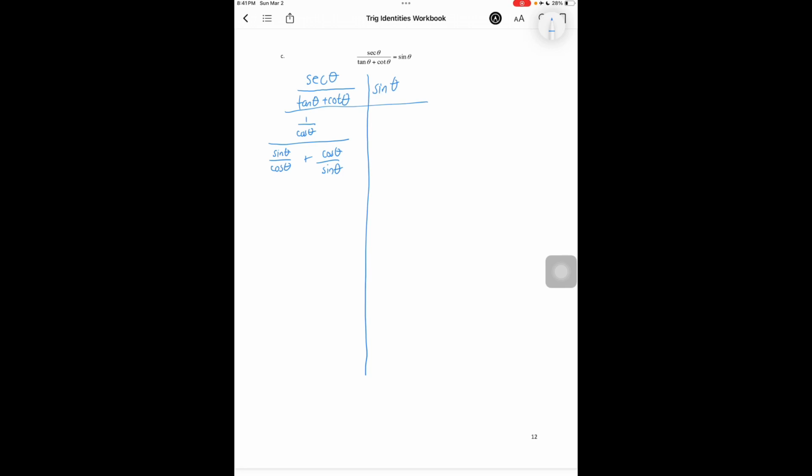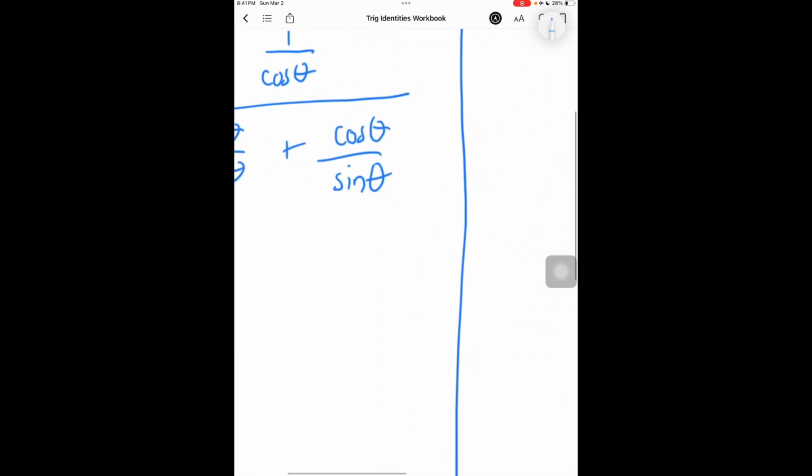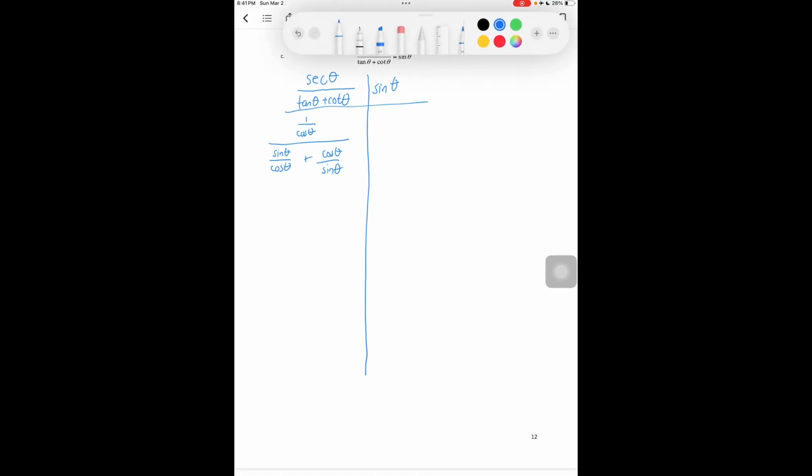And then now we want to combine our denominators together, because here we have cos as our denominator in this one and sine on the other one. So we're going to multiply them by their opposites. So times cos theta over cos theta, and sine theta over sine theta.